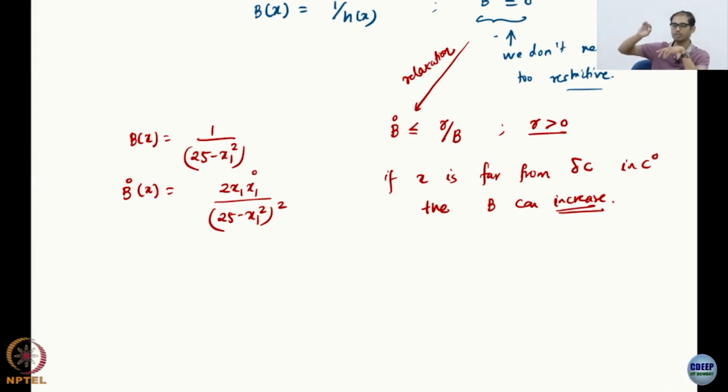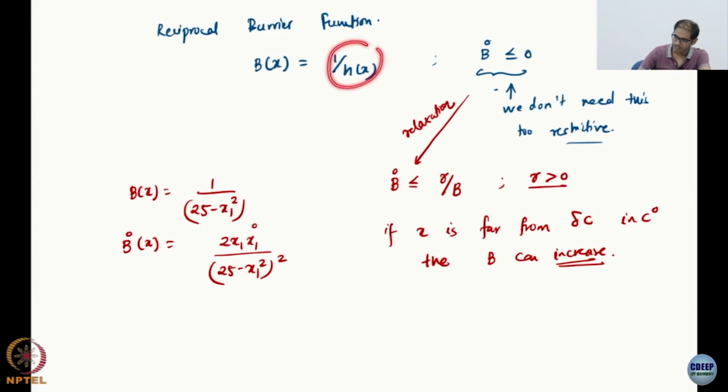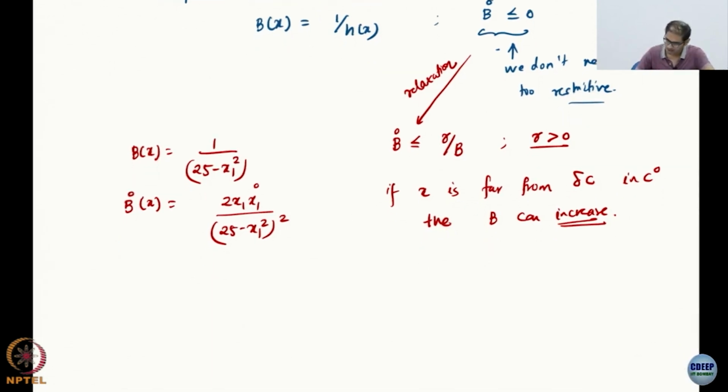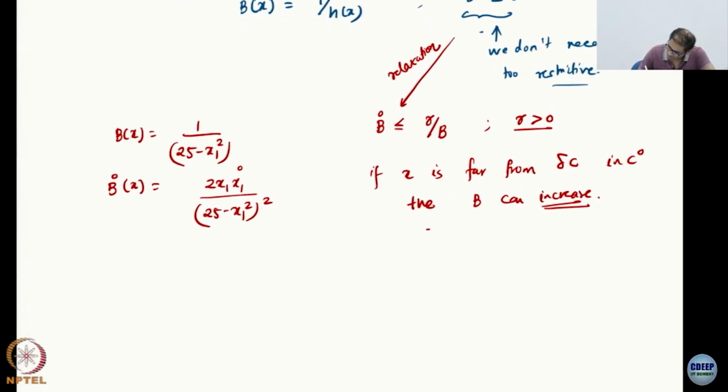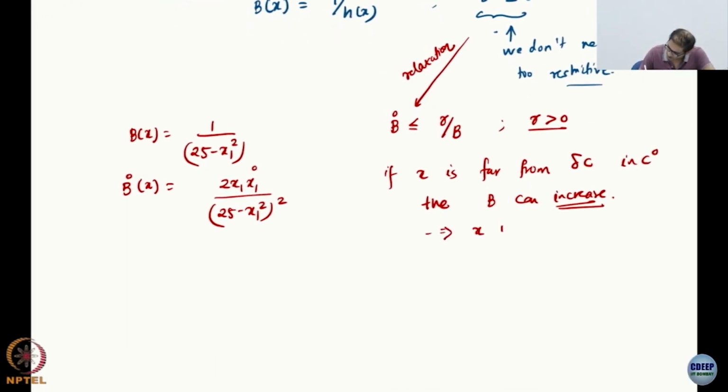Remember, B becomes infinity at the boundary for this reciprocal type construction. So B increasing means you are going closer to the boundary. Makes sense. So B can increase implies x moves towards the boundary of C. This is allowed by this construction.